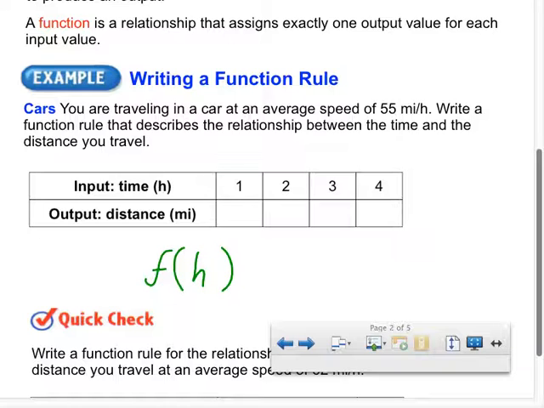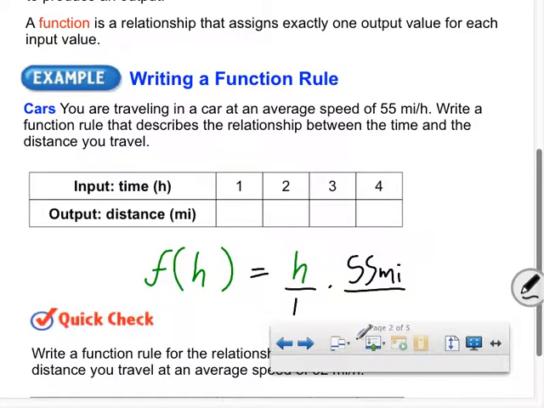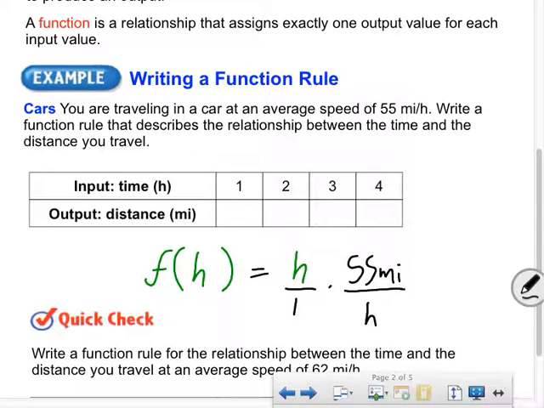And that's going to equal, well, here's what we got. The number of hours, I'll just call it H, over 1 times 55 miles per hour.